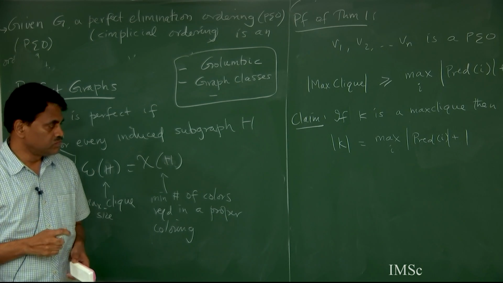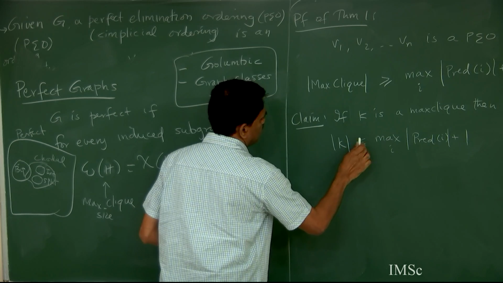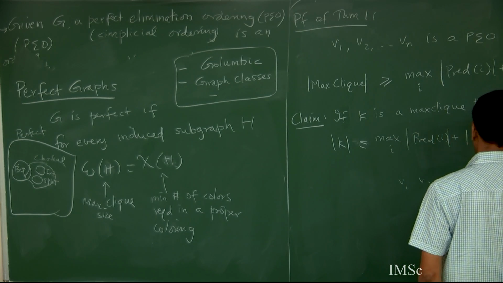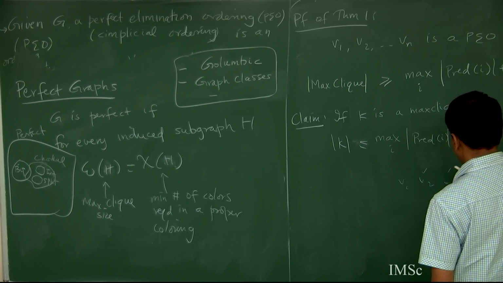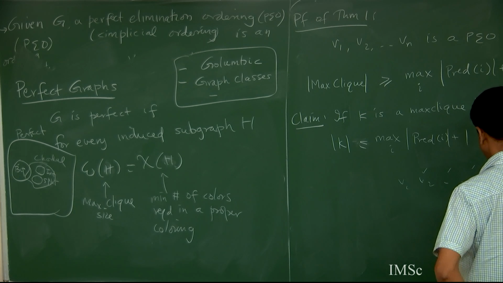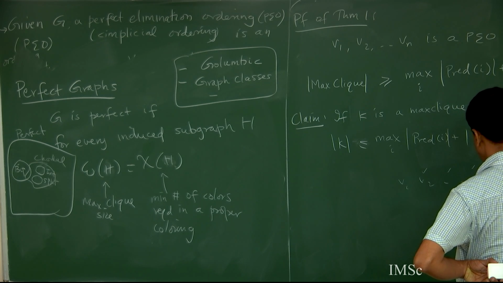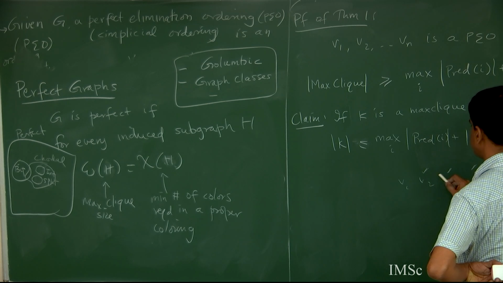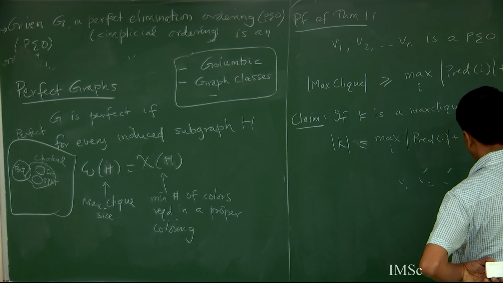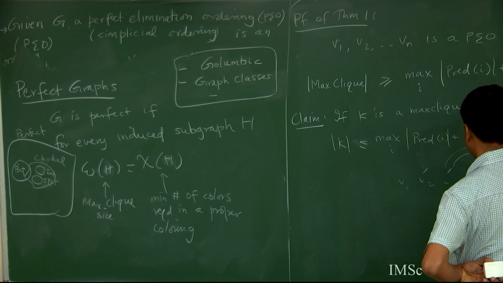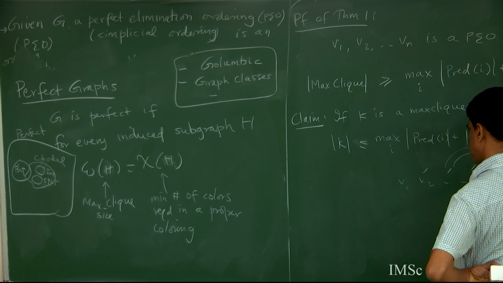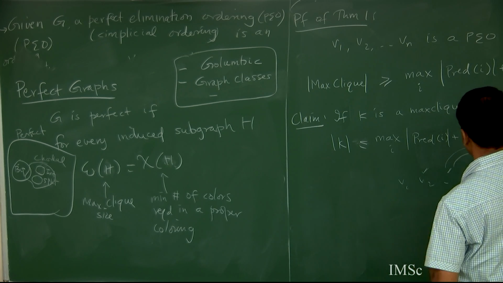So I have V1, V2 up to Vn, and let us say my clique contains some k vertices out of these. I take the last vertex here, then the set of vertices I picked is a subset of its neighbors, and its predecessors are exactly all its neighbors in this set. So the max of this is at least k, so it follows.